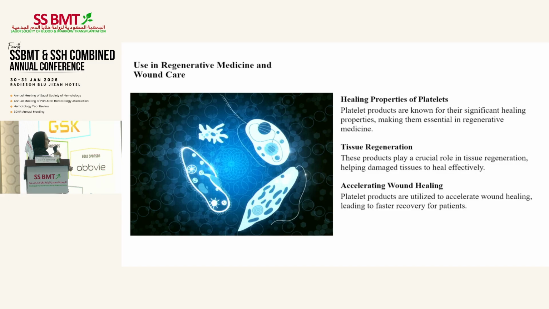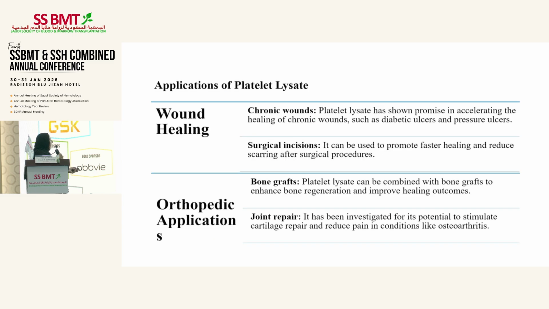Platelets have significant healing properties, making them essential in regenerative medicine. They promote tissue regeneration and accelerate wound healing. Especially platelet lysate, you can apply it on chronic wounds. As I said about platelet gel, platelet lysate is better than platelet gel in chronic wounds and also in surgical incisions.